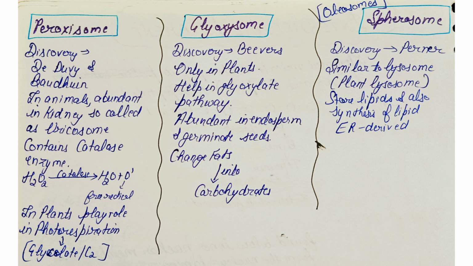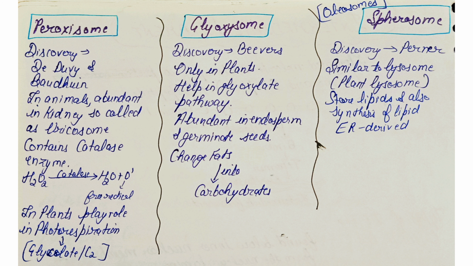After peroxisomes, we have the glyoxysome. The discovery of the glyoxysome was done by Beevers in the endosperm of germinating seeds. It is only present in plant cells. The glyoxysome usually occurs in fat-rich plant cells associated with triglyceride metabolism through the glyoxylate pathway.